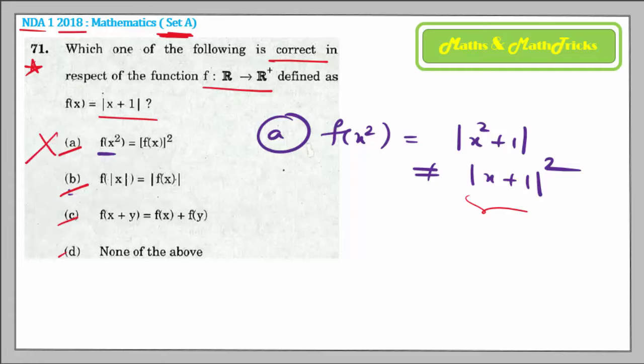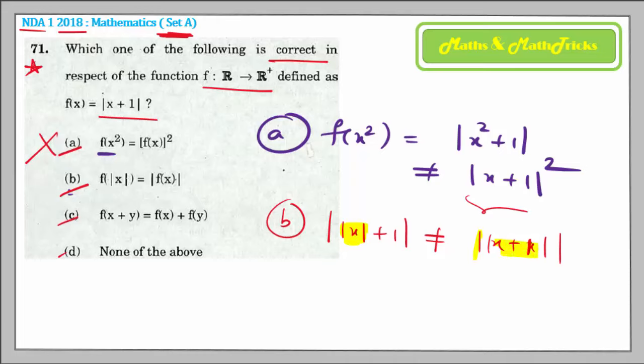Talking about statement B, f of mod x will be clearly, let me tell you, mod x plus 1. Now, it's clear to see that this is not equal to mod of mod x plus 1, isn't it? This is clearly not equal, because here the modulus is on the x, and here the mod is throughout this x plus 1.